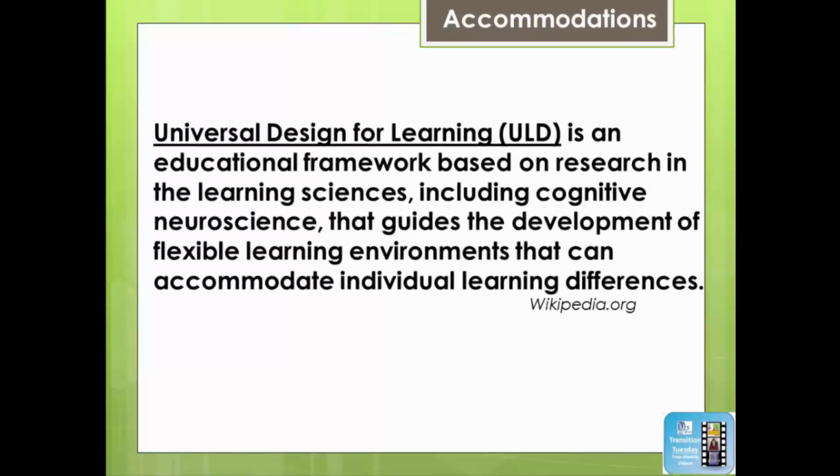First, let me explain what UDL is and its benefits. Universal Design for Learning is an educational framework based on research in the learning sciences, including cognitive neuroscience, that guides the development of flexible learning environments that can accommodate individual learning differences.